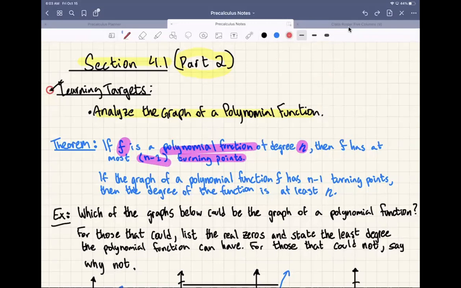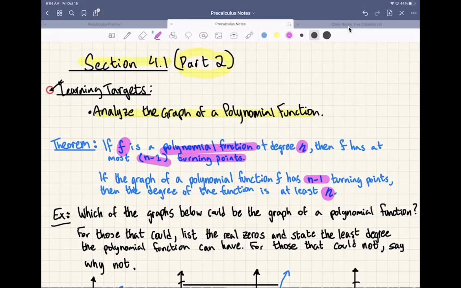What else? It also says that if the graph of a polynomial function has n minus 1 turning points, then the degree of the function is at least n. So basically, you count the turning points and then you go backwards. Let's say it has 2 turning points, then you can assume the degree is at least 3. If you count 3 turning points, then you can say the degree is at least 4.